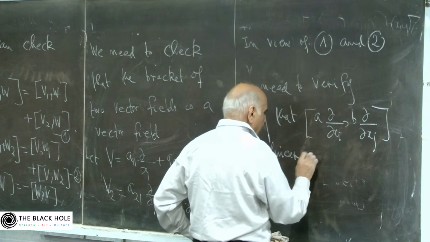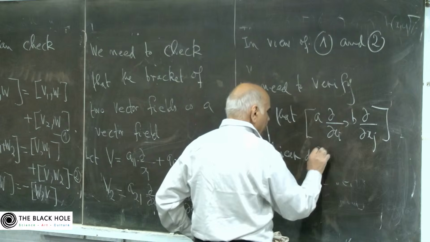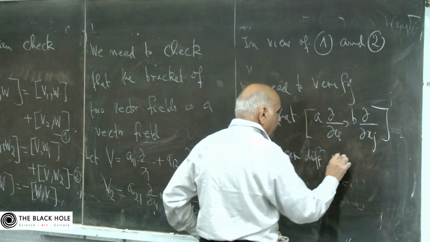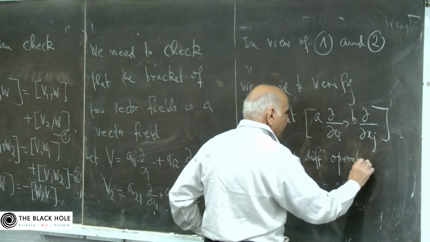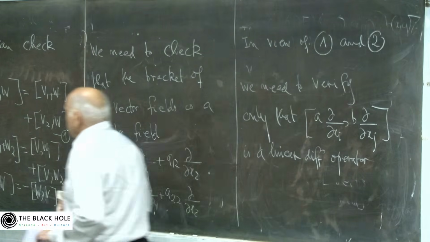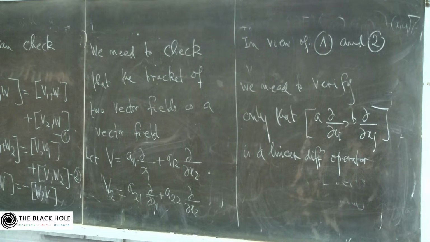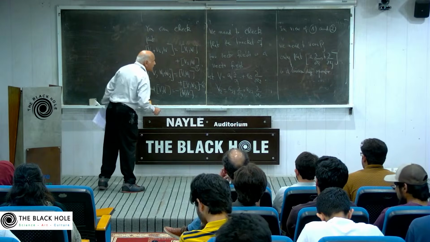Is a linear differential operator. So let's do it. To verify this, what do I have to test it with? I have to test it with a function, right? So take a differentiable function.